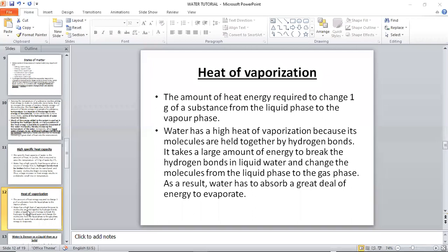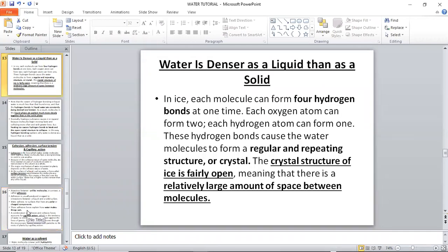One other property of water is that the liquid state of water is denser than the solid state. Remember, I mentioned that water forms a maximum of 4 hydrogen bonds at one time in the solid state, or in ice.